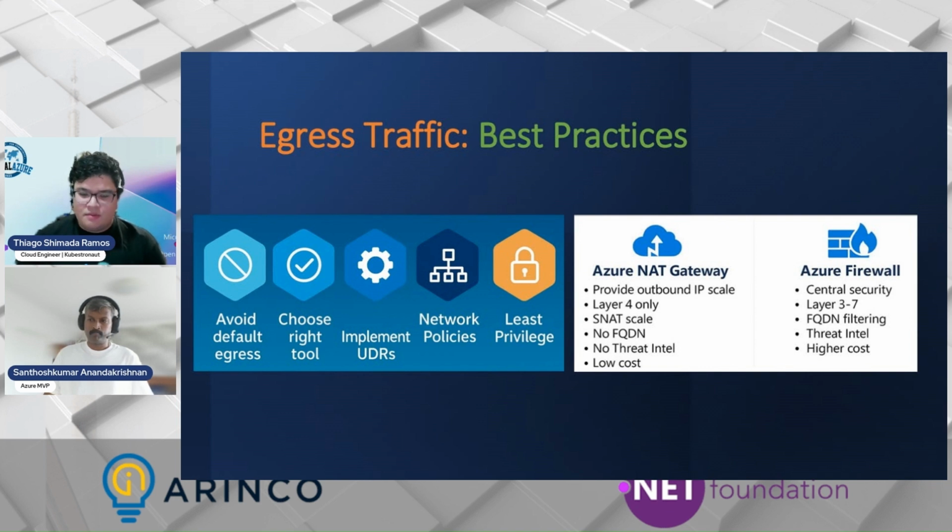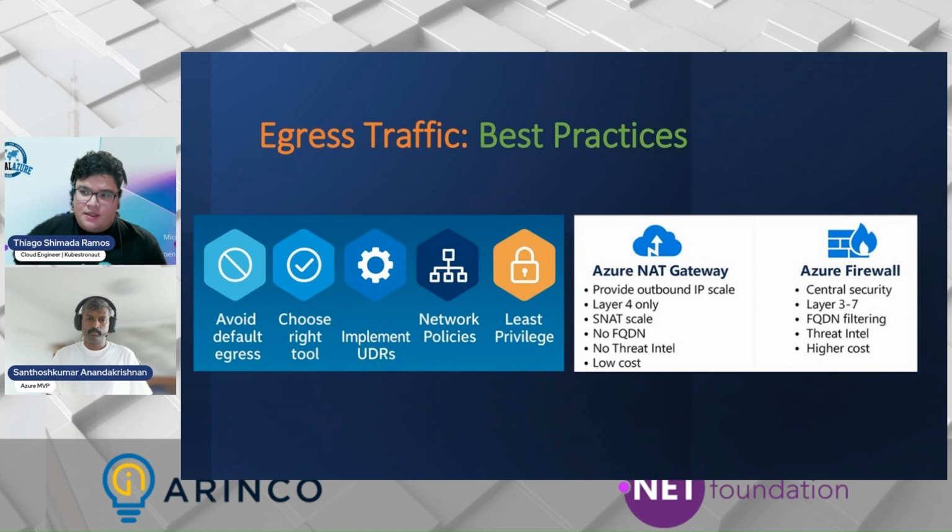There are two main ways to do that. You can use the Azure NAT Gateway. This is really good and scales really well with your cluster, but you will not be able to see the fully qualified domain name and there is no threat intel filtering, but at the same time it is really low cost.